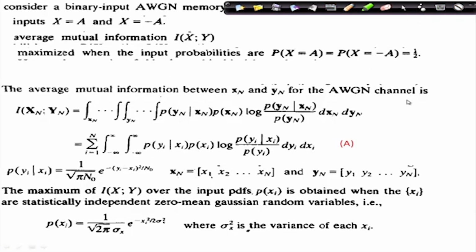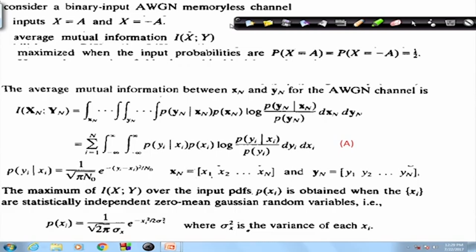All right. Next, quickly let us look at the binary input AWGN channel. If we have the binary input AWGN channel, input is A or minus A, and you can calculate. So, let us just use this result that the mutual information is maximized for the probability of selecting the source symbols being half.